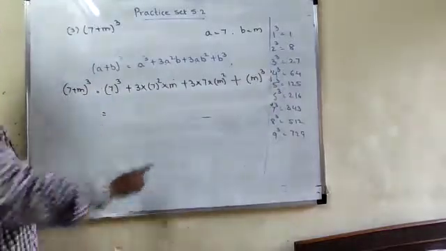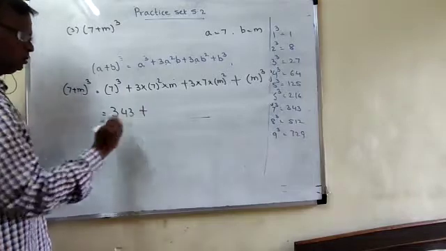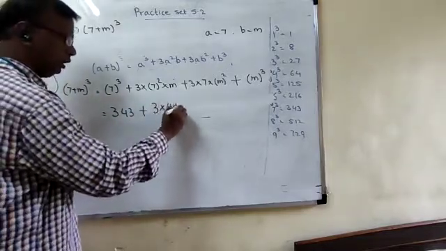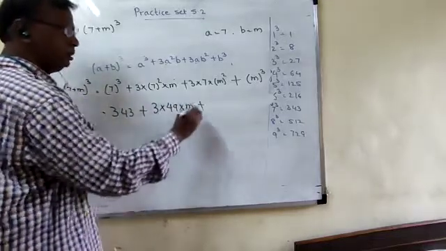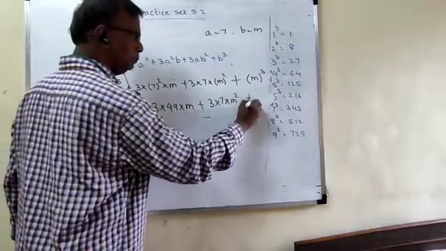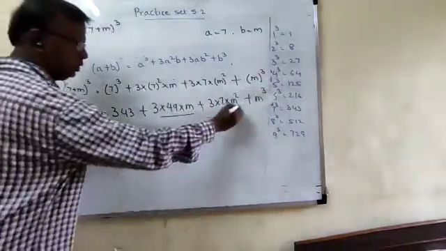What is 7 cube? See the answer. 343 plus 3 into 7 square, 49, into m, plus 3 into 7 into m square plus m cube. This you have to multiply.